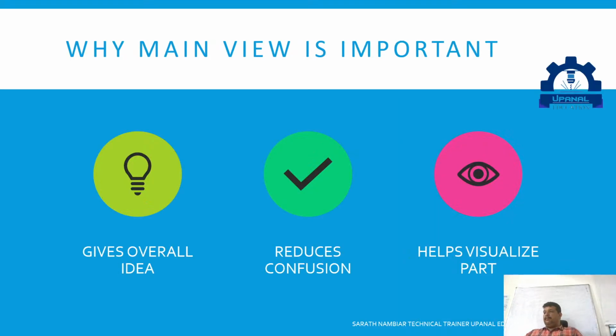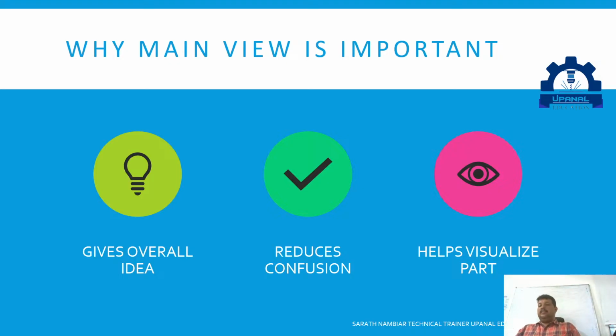Now, why are we focusing so much on just one view? Because our brain likes simplicity. If you try understanding everything at once, it becomes messy. But if you start with one clear view, your brain starts building a picture step by step. The main view gives you the overall idea. It tells you what kind of part it is.